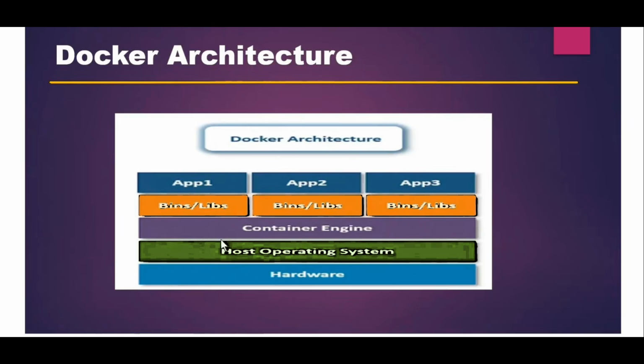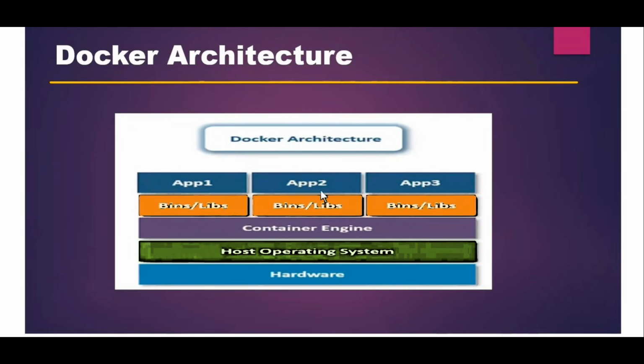It will take a snapshot of the required binaries and libraries and make it ready for you. Next time when you launch it, it will be very, very fast. Why? Because Docker is already acting as a middleman. It is acting as a caching agent for your application 1. So it knows you need only a few binary libraries and it will help you launch this application because it will just take a snapshot, acting as a local caching agent.